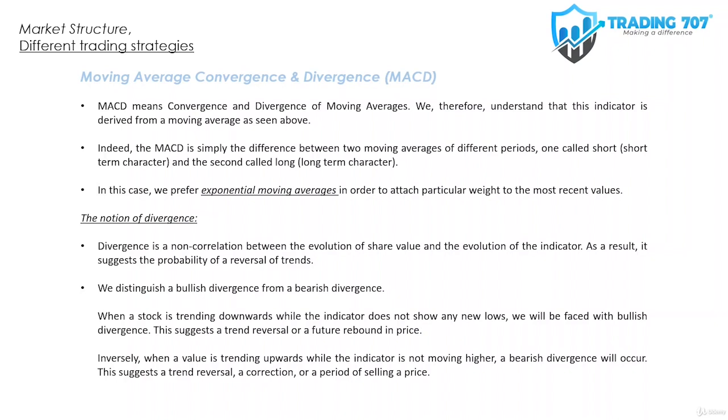When a stock is trending downward while the indicator does not show any new lows, we will be faced with a bullish divergence. This suggests a trend reversal or a future rebound in price. Inversely, when a value is trending upward while the indicator is not moving higher, a bearish divergence will occur. This suggests a trend reversal, a correction, or a period of selling.